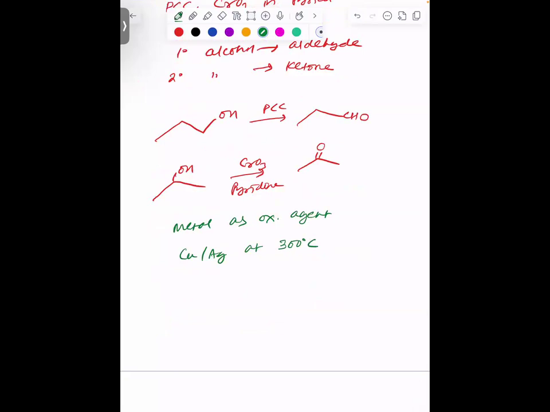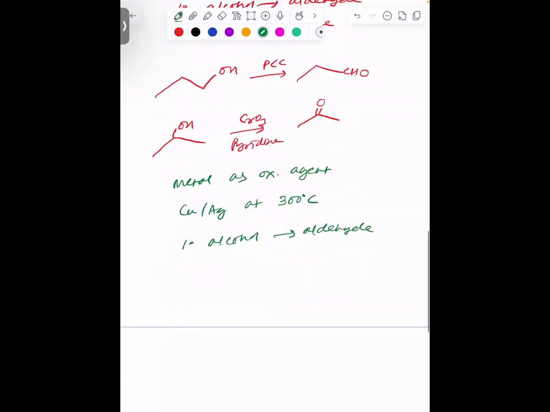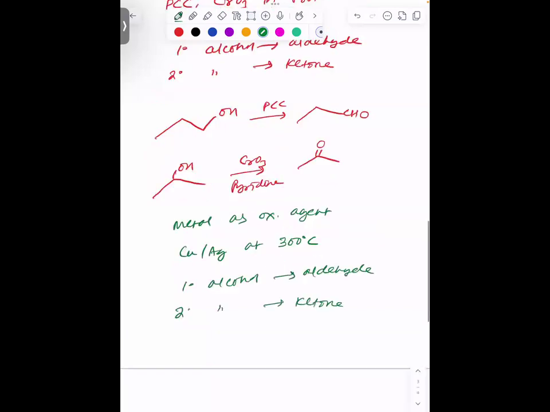Same again: primary alcohol to aldehyde and secondary alcohol to ketone. Note down. Quickly note down, students.